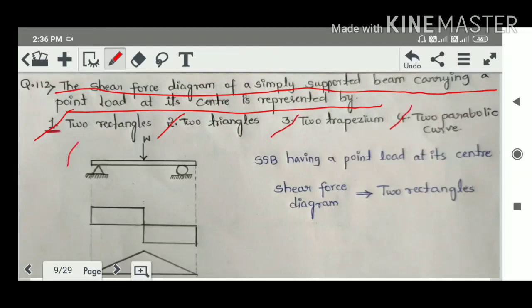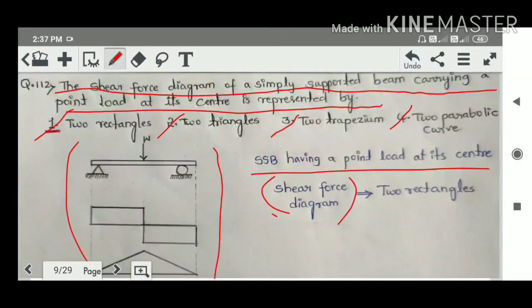Okay friends, as you can see here, I have drawn a diagram for the shape of the shear force diagram as well as the bending moment diagram for an SSB having a point load at its center. For an SSB having a point load at its center, the shear force is represented by 2 rectangles. The correct option for this question is option number 1. 2 rectangles is the correct answer.